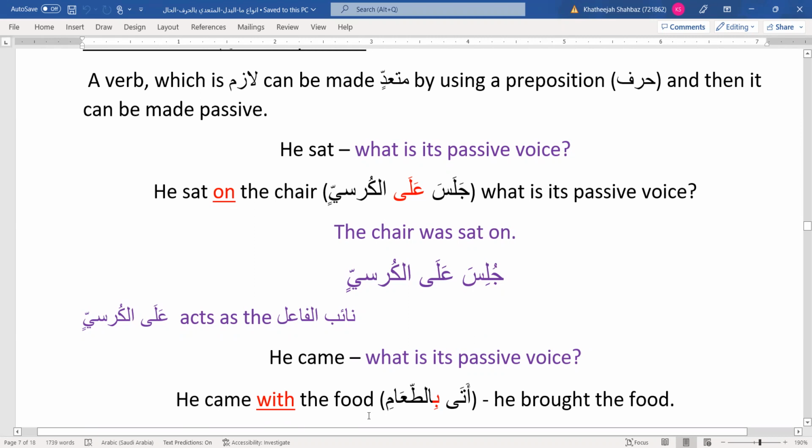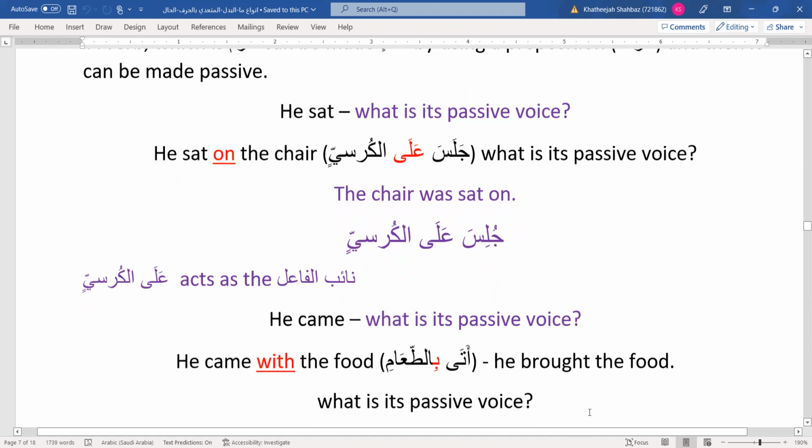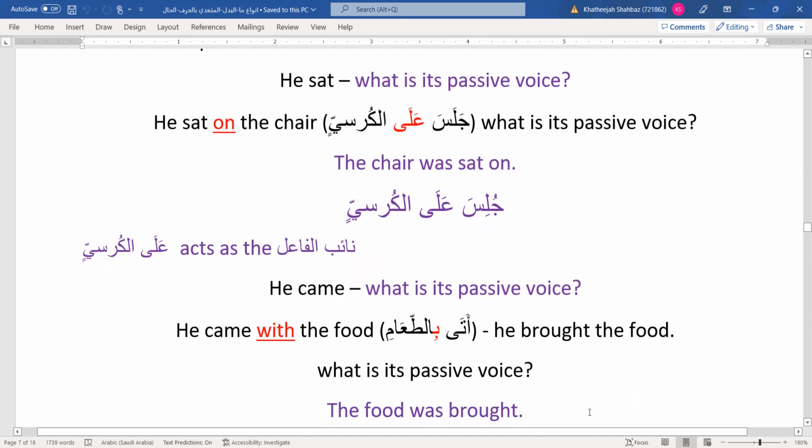And now the Arabic translation will be ata bit'ami. He came with the food, ata bit'ami. Another way of translating it will be he brought the food. He came with the food means he brought the food. And what will the passive be?